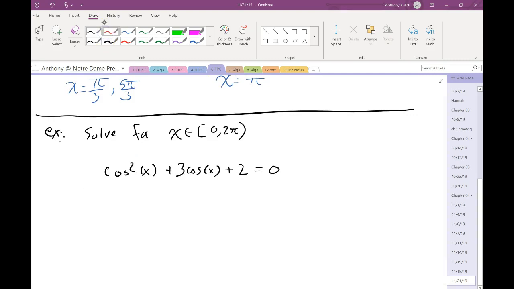So what if we wanted to solve this equation for x on the interval 0 to 2 pi? Looks pretty similar to our previous one, right? So let's start the same way, and we'll rewrite this using y's in place of cosine x's.